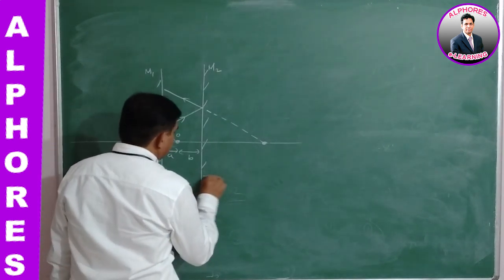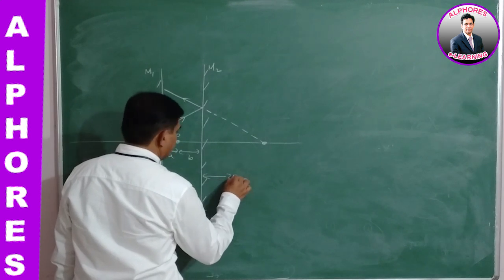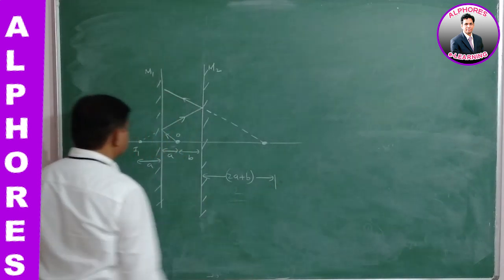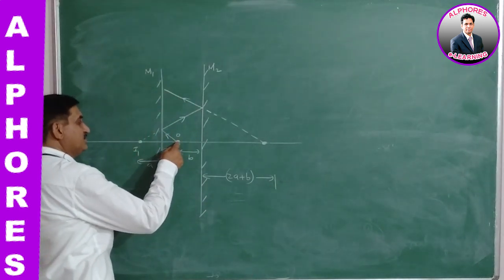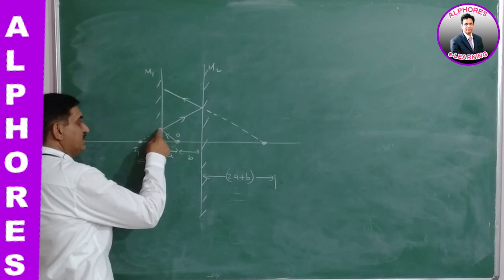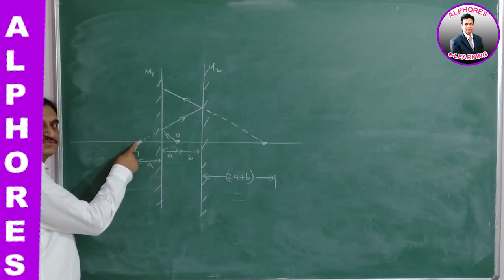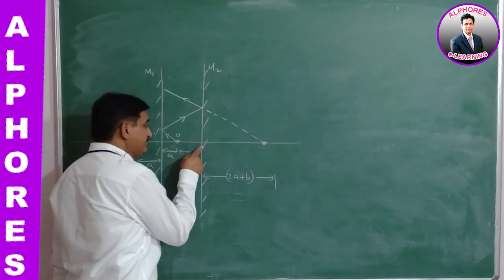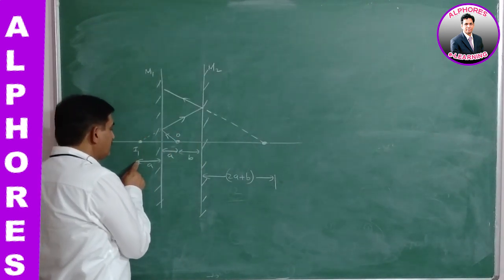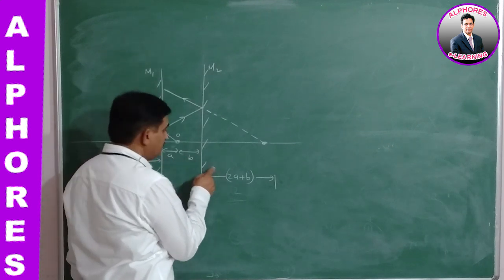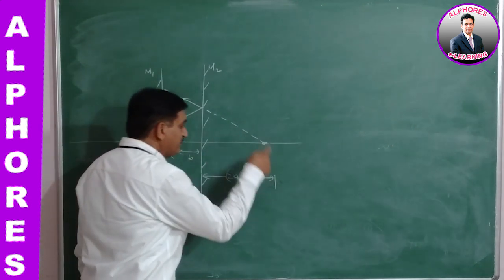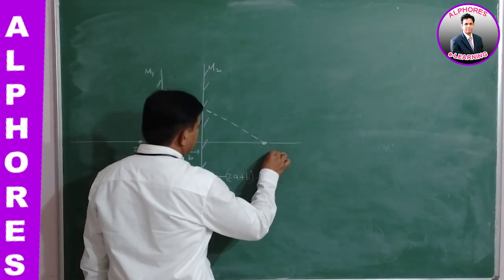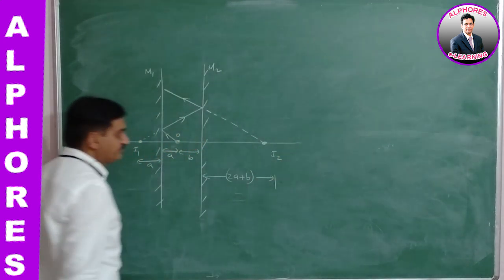Okay, right? What is this? 2A plus B. See, this is the object for this mirror and its image is formed at the same distance. Okay, this image serves as an object to the second mirror. At what distance is it? A plus B. At the same distance the image is formed by the second mirror. So it is I2.